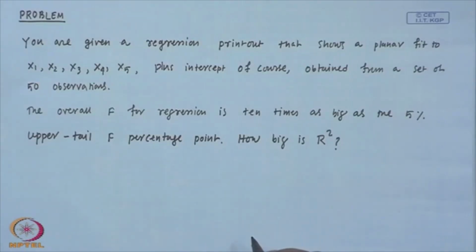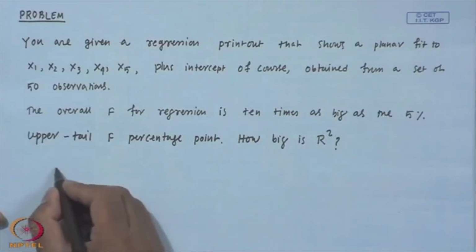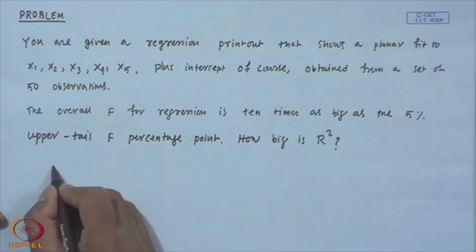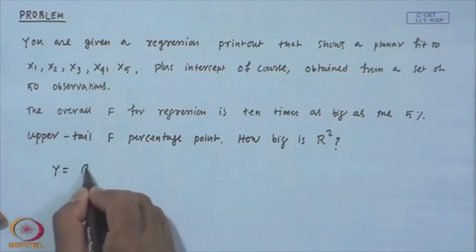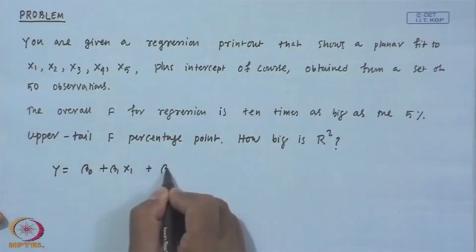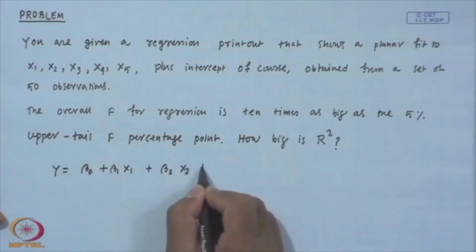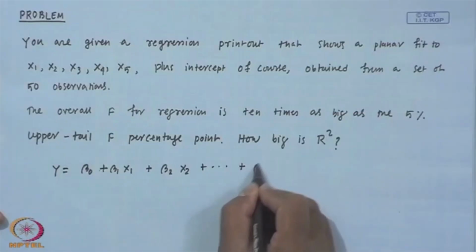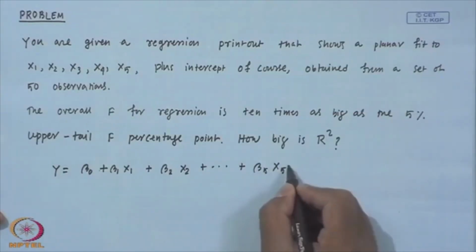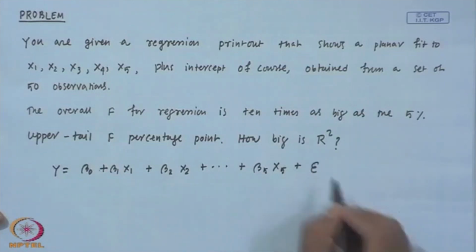Well, here you are considering a model involving 5 regressors. So, y equal to beta naught plus beta 1 x 1 plus beta 2 x 2 and so on up to beta 5 x 5 plus epsilon.